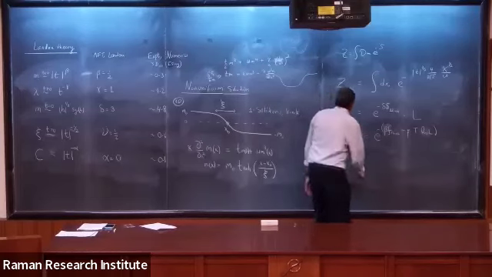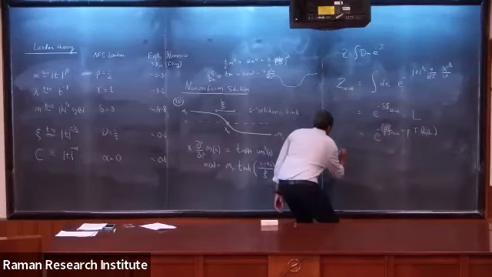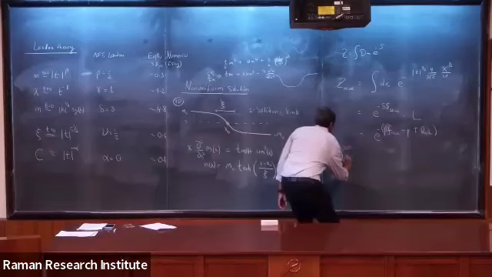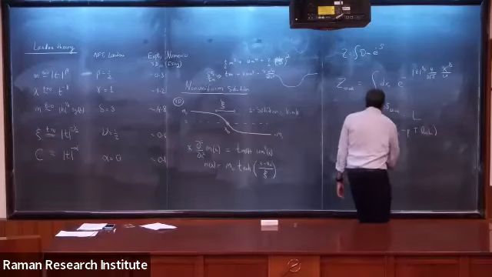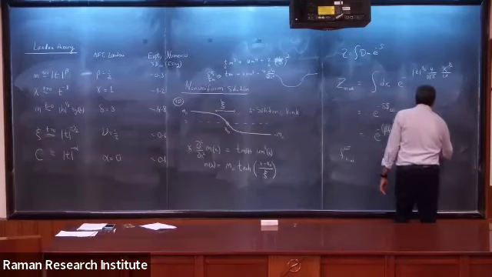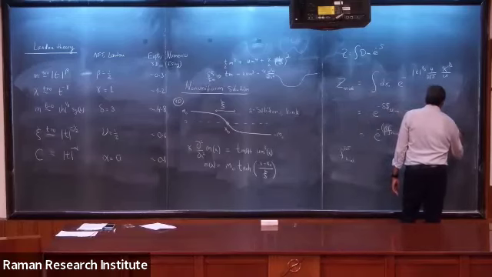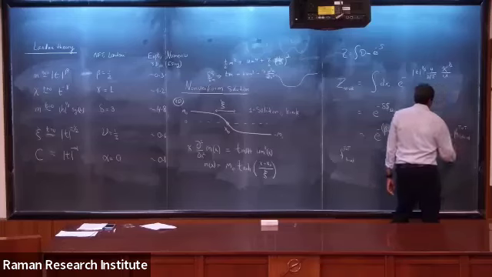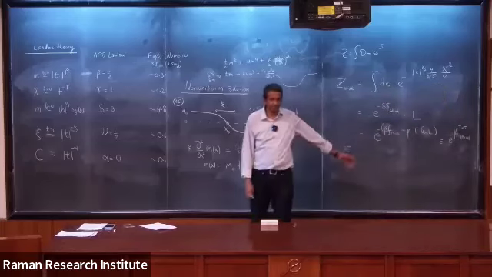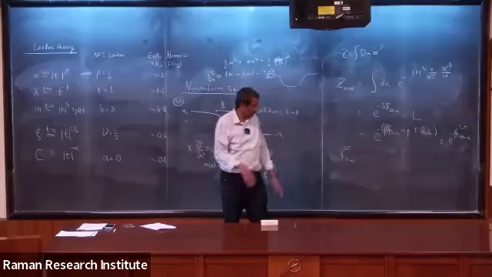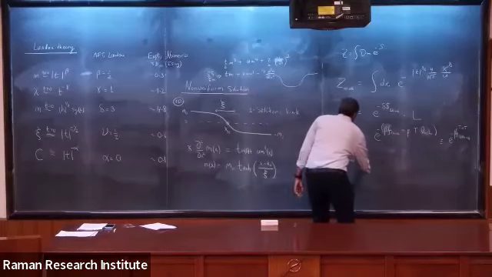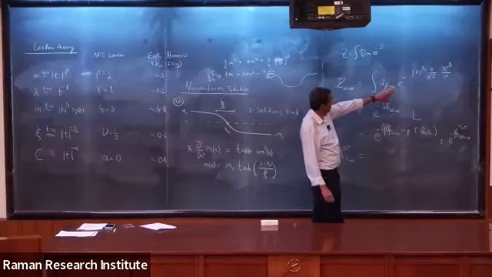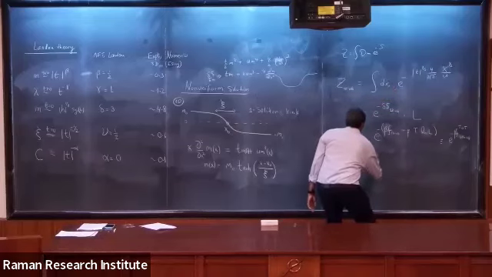If I look at the total free energy, let me call this e to the minus f total 1 kink. That's my total free energy contribution coming from this thing. It goes like this energy cost, which I'll call f1 kink.